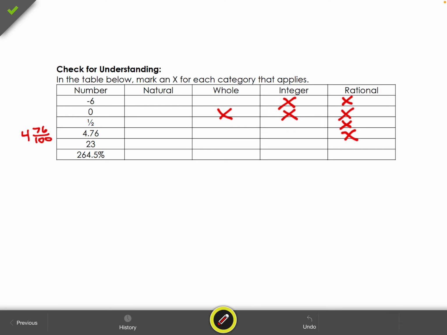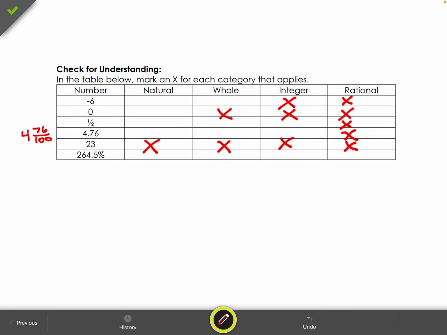23. 23 is a great number because all these categories are going to be represented. It is natural. It's one of our counting numbers. We can count to 23. It's a whole number. It's an integer. And I can also write 23/1. That is a fraction. It's rational. And then we get to one of our last ones.